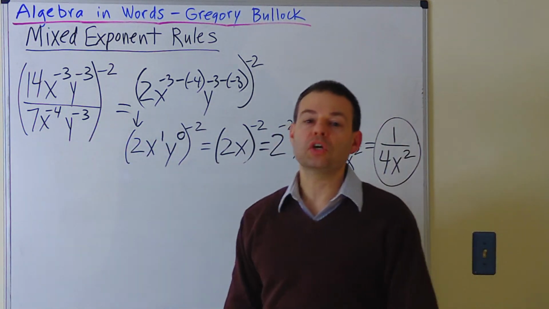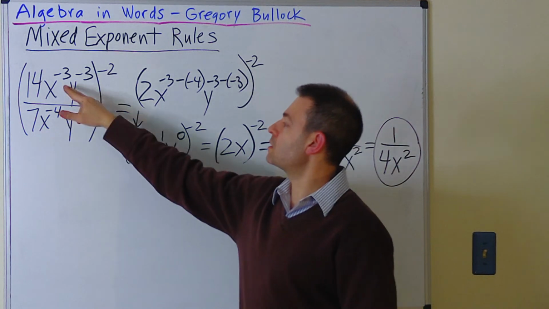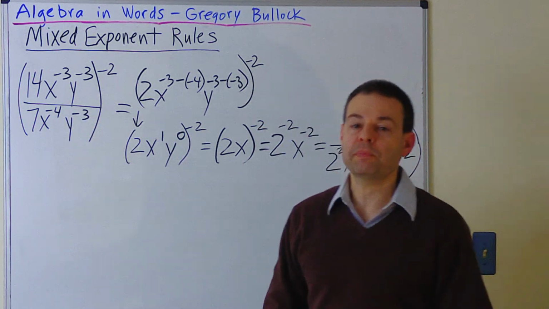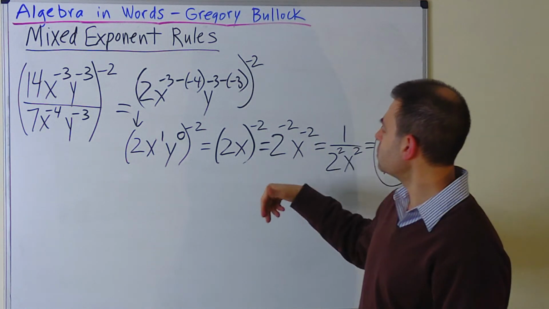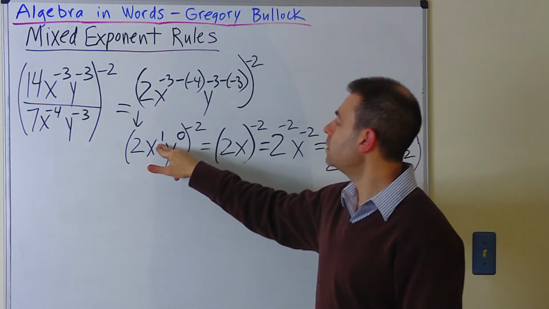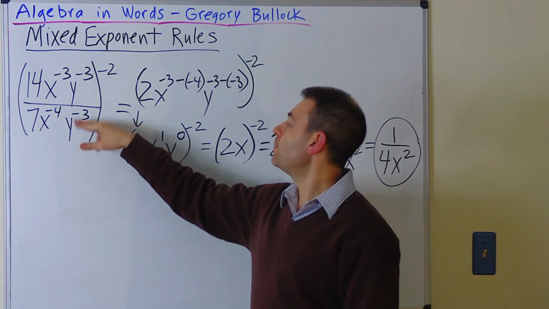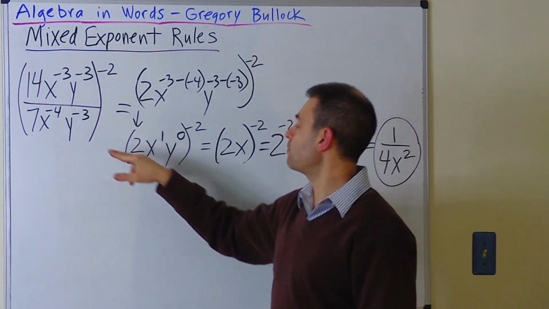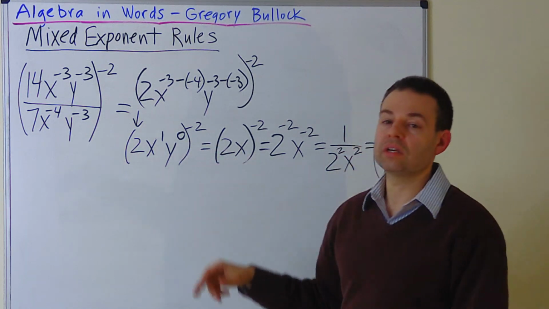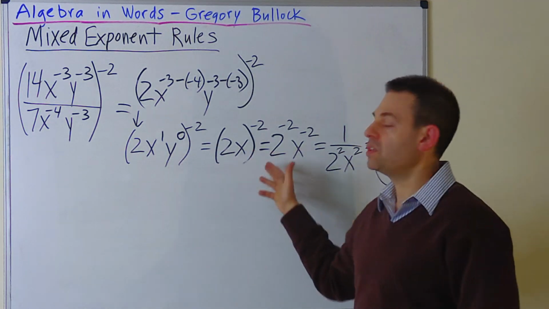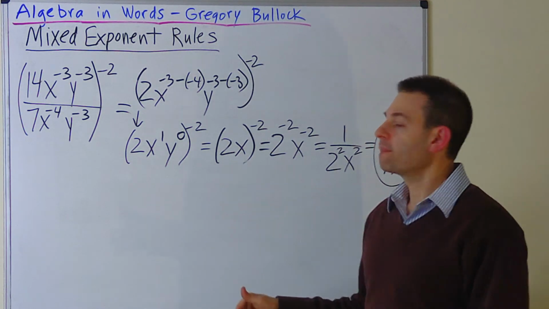Then we applied the quotient rule for the common bases of x by doing the top exponent minus the bottom exponent, which ultimately became 1. And then we also applied the quotient rule of the common base y, negative 3 minus negative 3, which became 0, and y to the 0 became 1, and we just didn't write the 1 because 1 times anything is itself, the 2x.